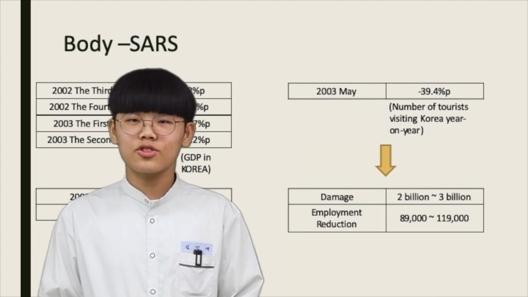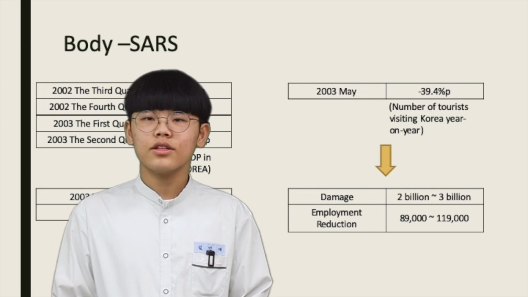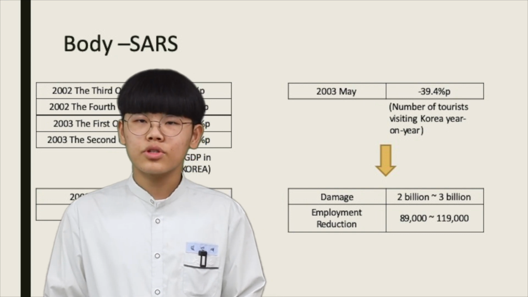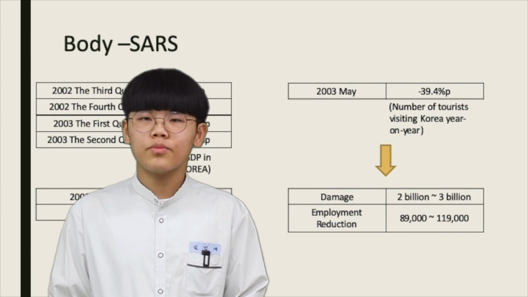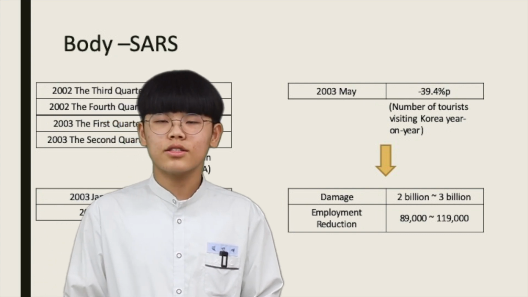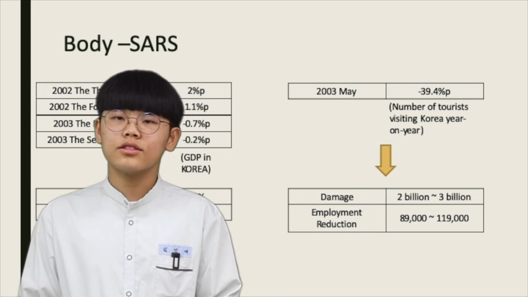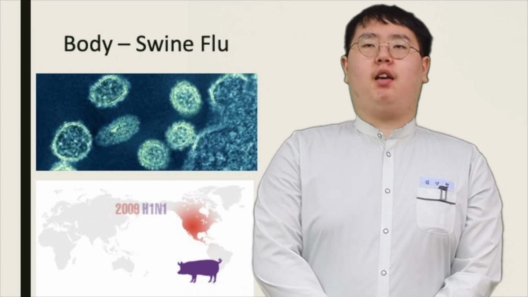And in May 2003, SARS caused a 39.4% drop in the proportion of tourists, causing 2 to 3 billion damage and a decrease in employment for 89,000 to 119,000 people.